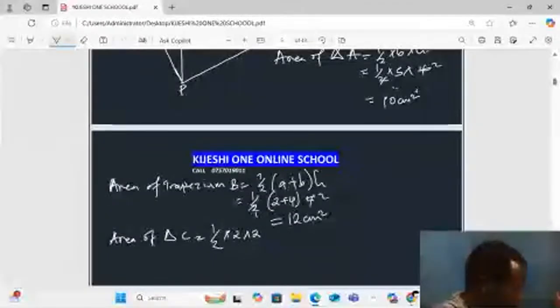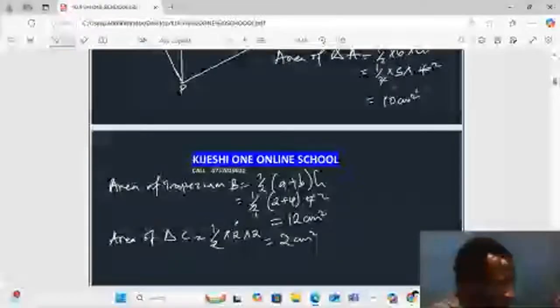Half times 2, and therefore we shall have 2 square centimeters.